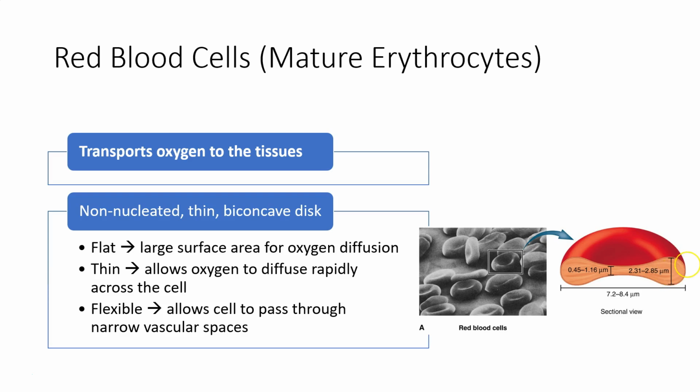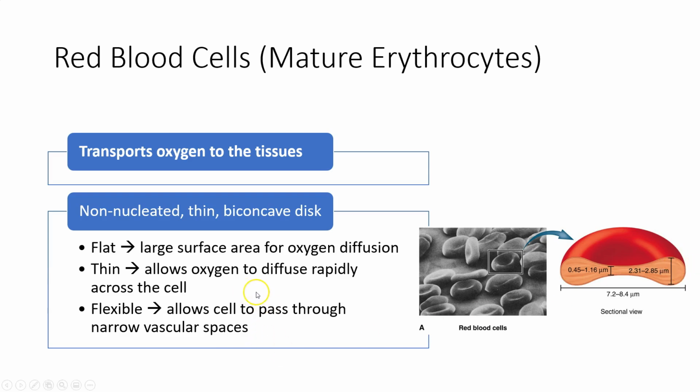One, this biconcave shape provides a larger surface area for oxygen diffusion than if it were a round cell. It's also flexible, so it has this flexible membrane that allows the red blood cell to squeeze through our very small capillaries.